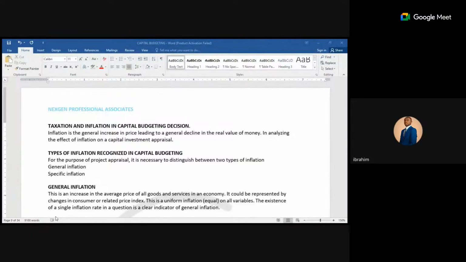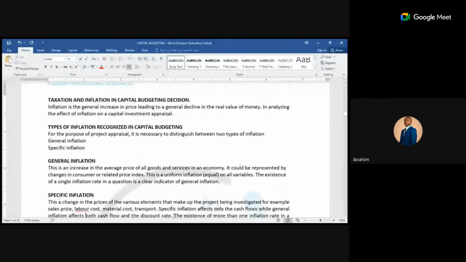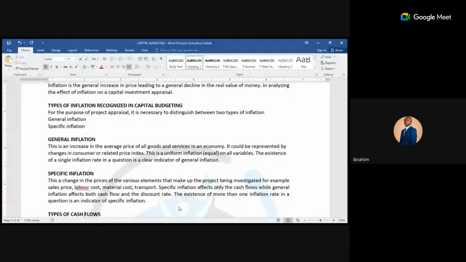We have what we call general inflation and specific inflation. The examiner will not tell you to define general inflation, but you just need to know it. It's not part of a requirement or anything. The general inflation here is when the examiner gives you a single inflation rate.